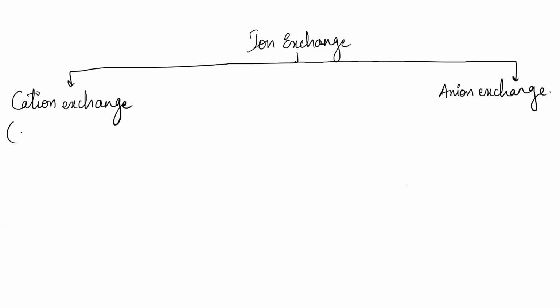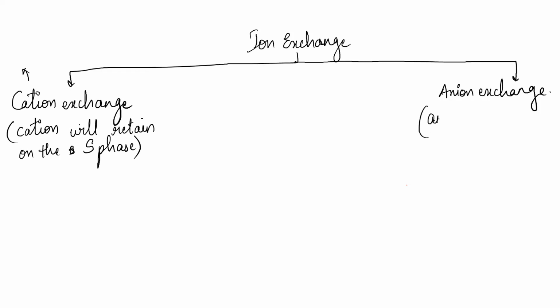So here it is the cation. What is the charge on the cation? Can you give me the answer in the chat box? So here the cation will be retained on the stationary phase, and here the anion is retained.